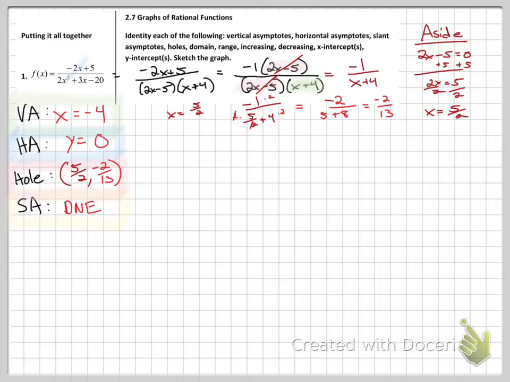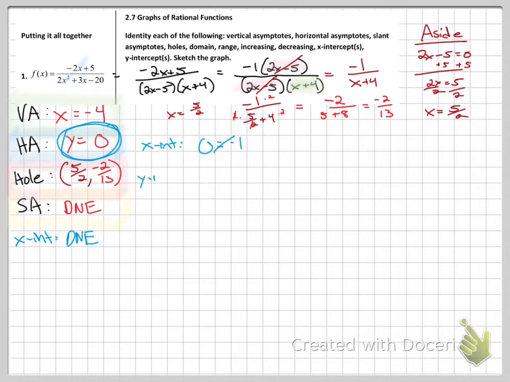X-intercepts, zeros, x-intercepts, whatever you want to call it, depending on how you answer it. X-intercepts make y equal 0, but remember, we simplified it, and then the bottom doesn't affect x-intercepts, so we would get 0 equals -1, which isn't possible, so there are no x-intercepts, and that's because there's an asymptote at y equals 0, so does not exist.